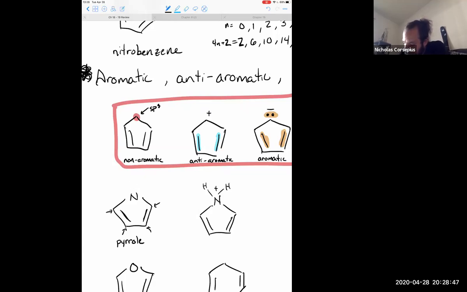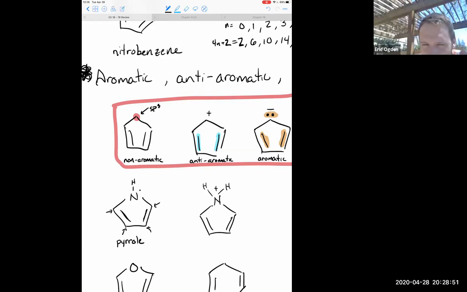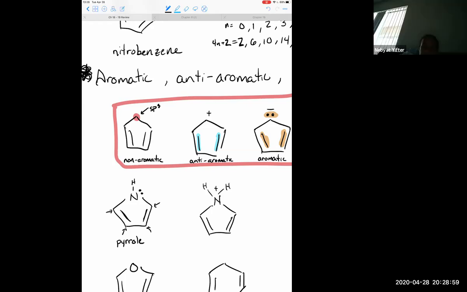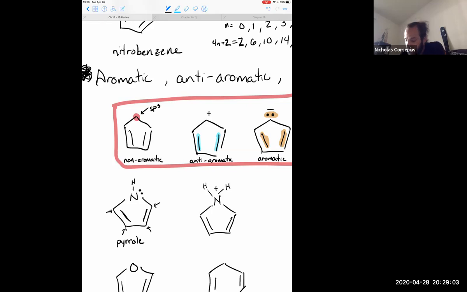First of all, how many lone pairs do I have on this nitrogen? Just one. One lone pair, right? So normally with a nitrogen that has 3 bonds and a lone pair, we would expect it to be sp3 hybridized. But this nitrogen is specifically not sp3 hybridized so that these electrons right here can participate in this ring.